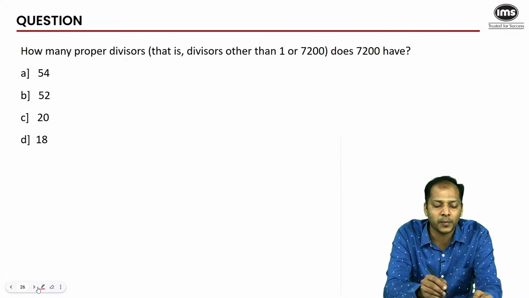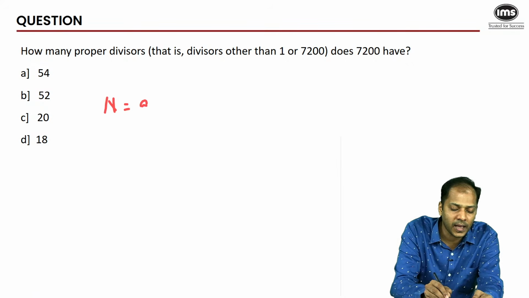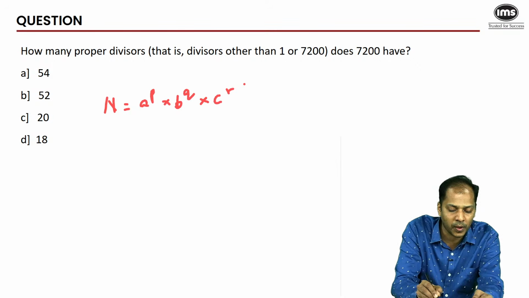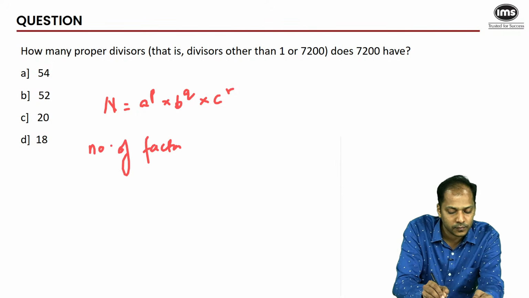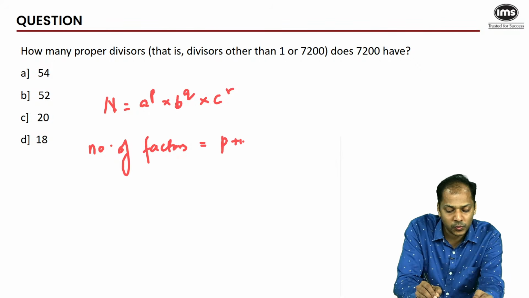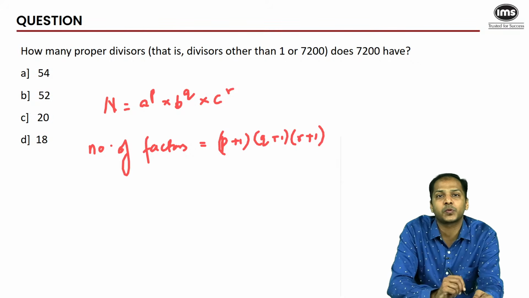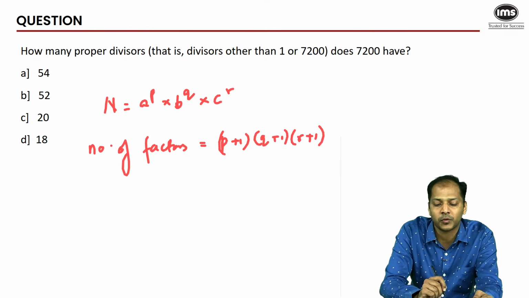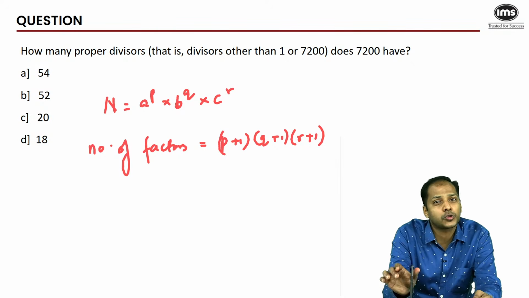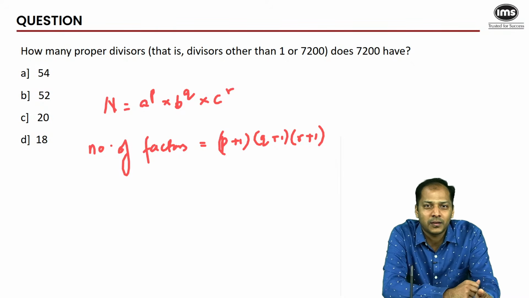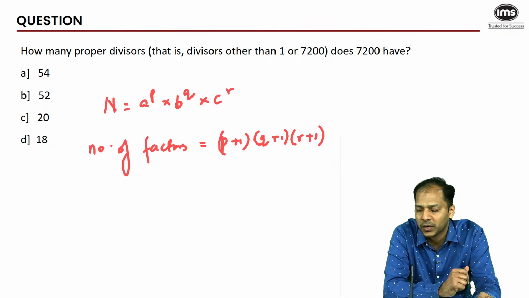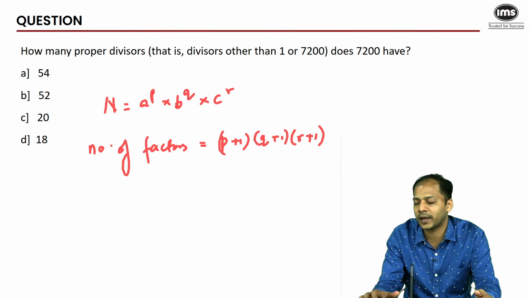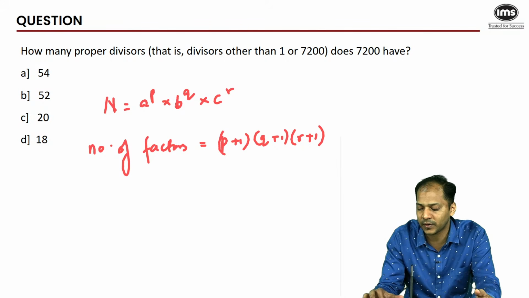I hope you all remember, if the number is of the type a raised to the power p into b raised to the power q into c raised to the power r, then the number of factors is (p plus 1)(q plus 1)(r plus 1), the product of power plus 1. This includes all factors. Having known this, you should be able to answer this question very quickly. Please try solving and getting to the answer in 30 seconds and then we'll discuss.